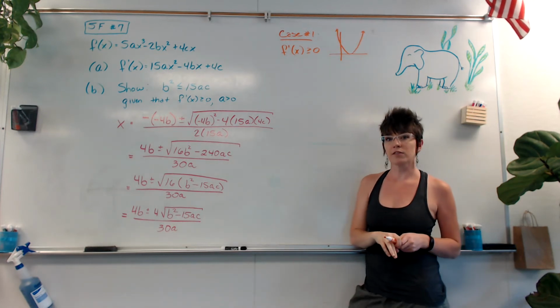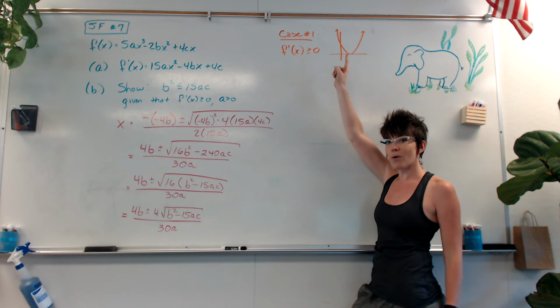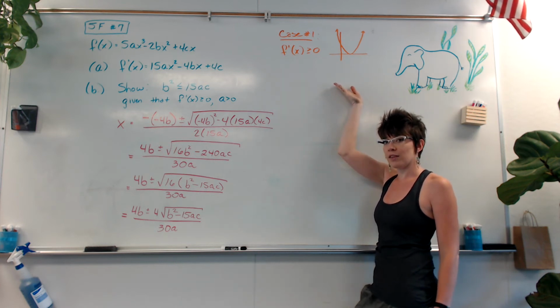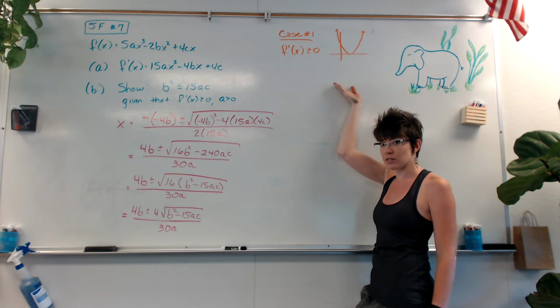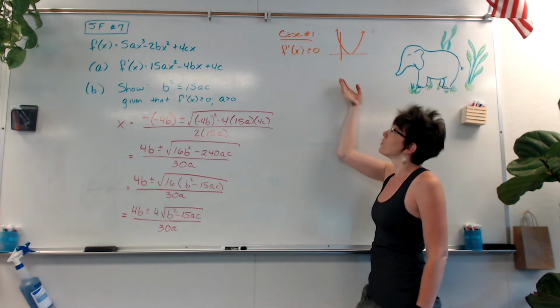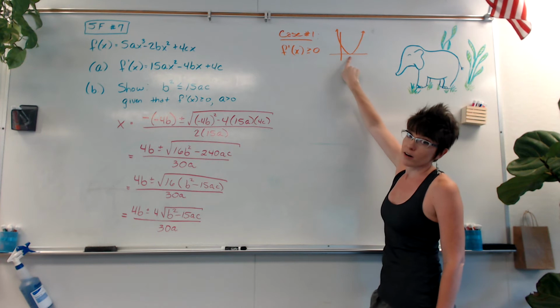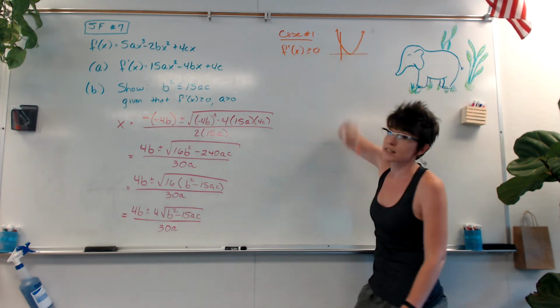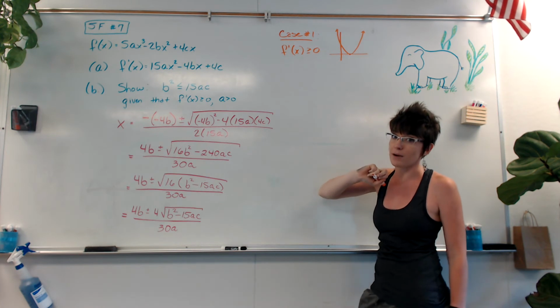If you're looking carefully, you'll notice that at no point is this parabola in the negative area down here. There is no time where the function goes into the negative regions. There is a single point, however, that is equal to 0. It's the vertex of my parabola f prime.